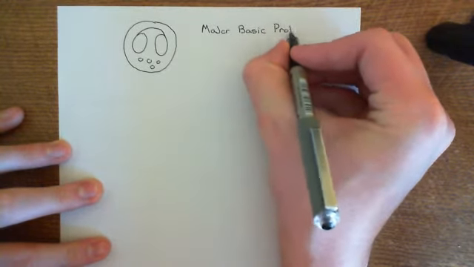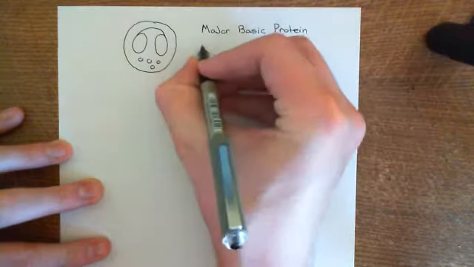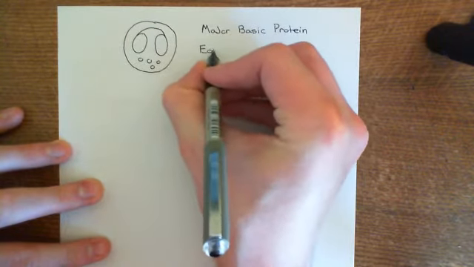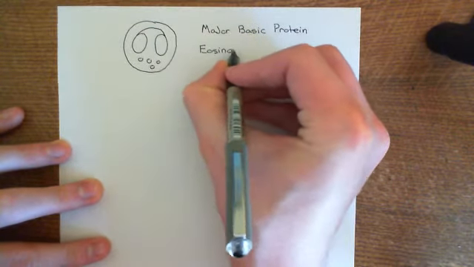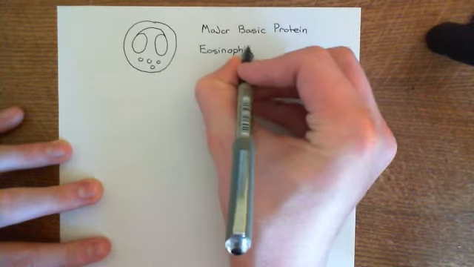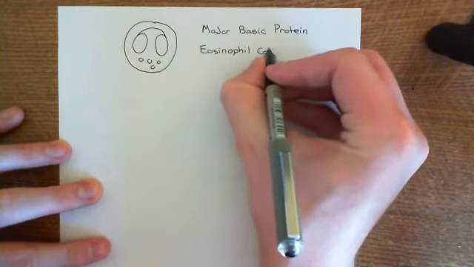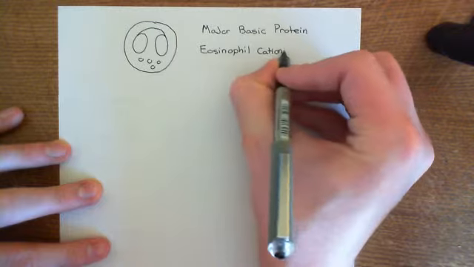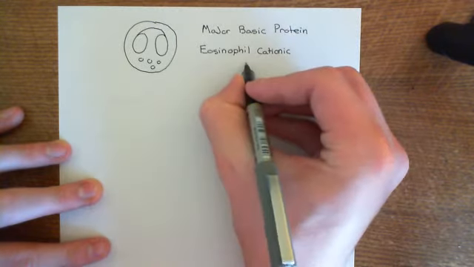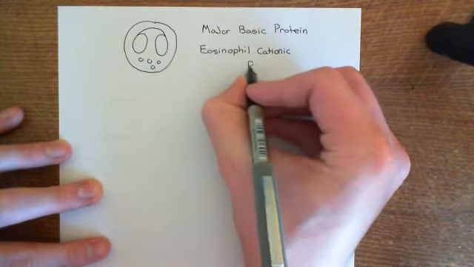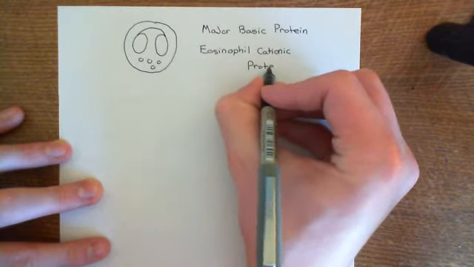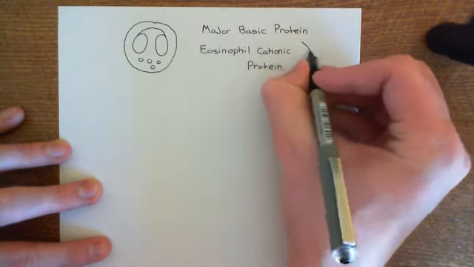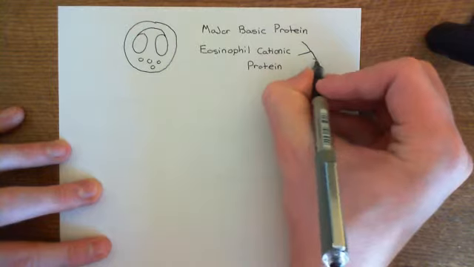Both of these proteins are very, very cytotoxic. So if you release major basic protein or eosinophil cationic protein onto cells, it will kill the cell. Okay, so these are horrendously cytotoxic.